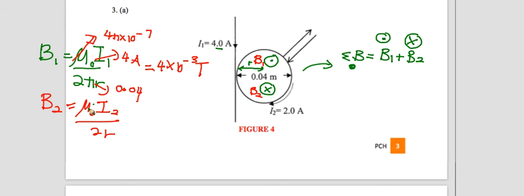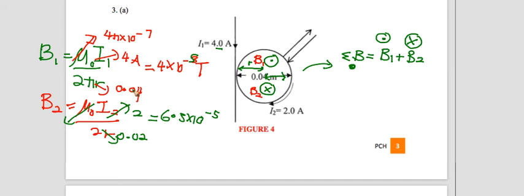Now the value of mu naught is constant, 4 pi times 10 to the minus 7, and I2 we have is 2 ampere, and R here, the radius, is half the distance 0.04, meaning 0.02. So now B2 is 6.3 times 10 to the minus, I think this is minus 5, right? No, this is not minus 3, this is minus 5.